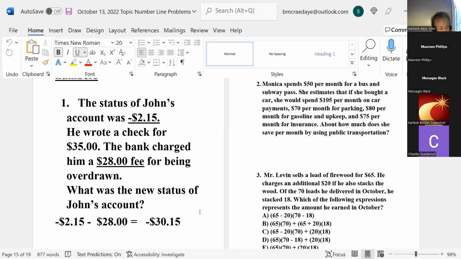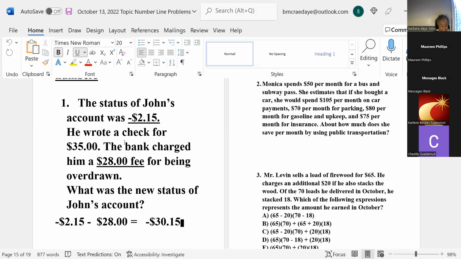So the new status of John's account is negative $30.15 because the check didn't clear. He didn't have enough money for this check to clear. So the minus means that he owes the bank $30.15. That's right. Questions?